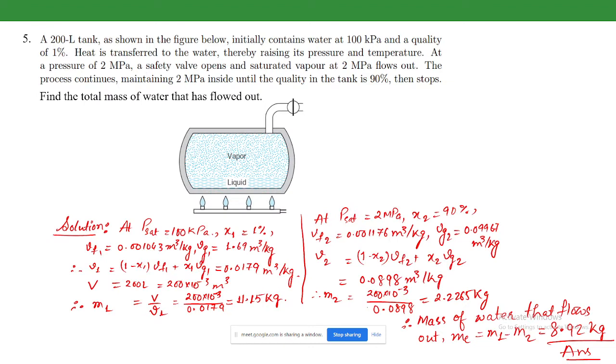This will be the mass of water that has flown out. Okay, this is fine, m1 minus m2.